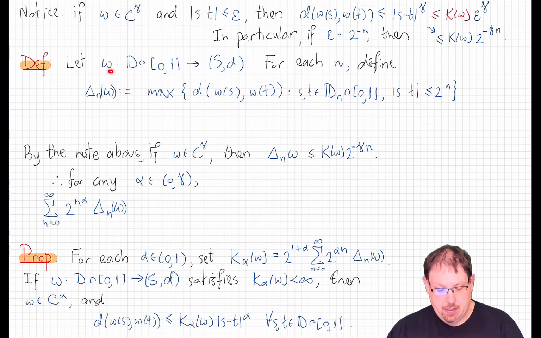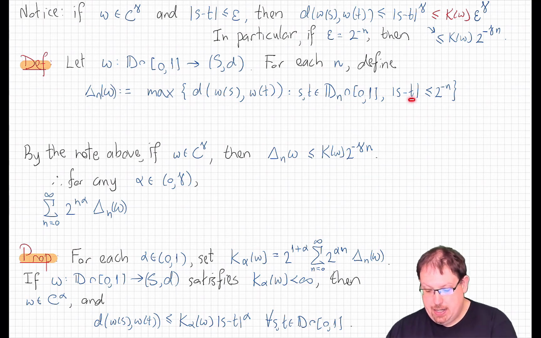If I have some function defined on the dyadic rationals in the unit interval, taking values in some complete metric space, then for each n, we can define the maximum mesh of omega at level n, delta n of omega, which is just going to be the maximum distance between any two images of the path on times s and t, where s and t are chosen from dn, that is the dyadic rationals with 1 over 2 to the n as the common denominator, and such that s minus t is less than 2 to the minus n in width.